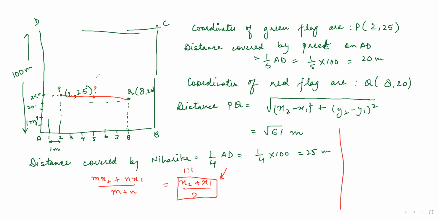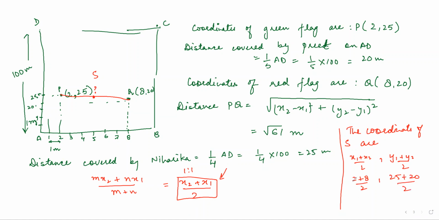So if I give this name S, the coordinates of S are, first, x1 plus x2 divided by 2, and second, y1 plus y2 divided by 2. So this will be 2 plus 8 divided by 2 and 25 plus 20 divided by 2.